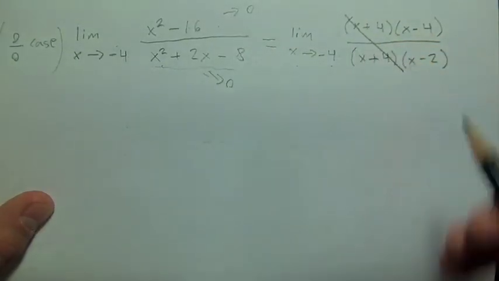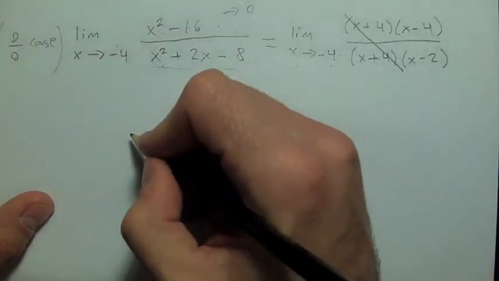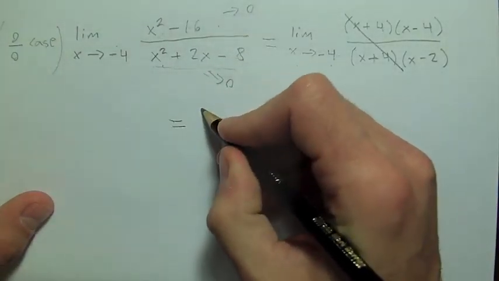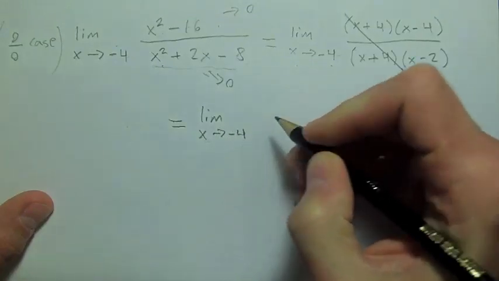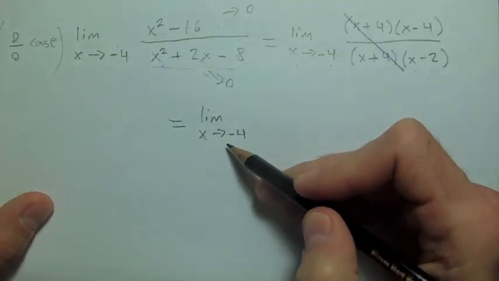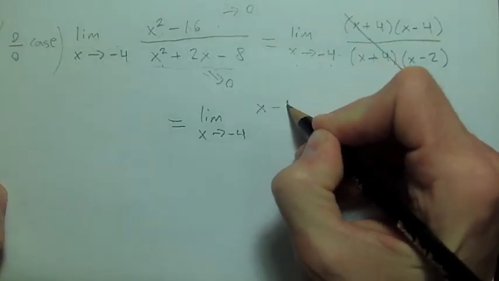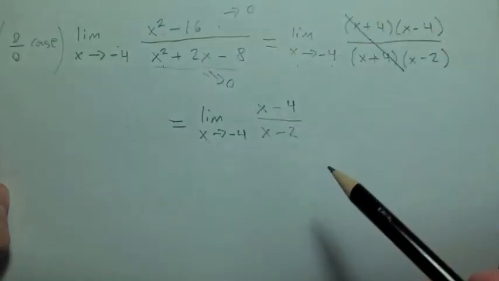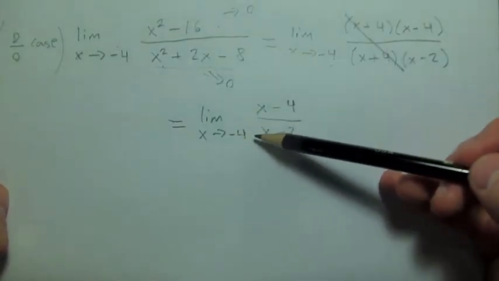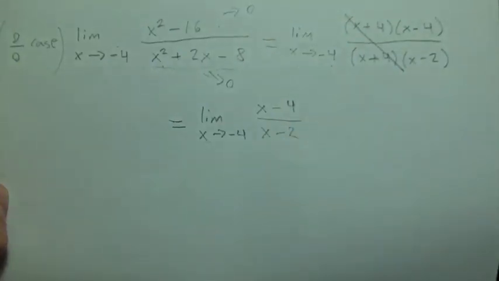And now the x plus 4's will cancel, and I'm left with the limit as x goes to negative 4. Notice I'm writing the limit sign again, since I have x's here. So I have the limit as x goes to negative 4 of x minus 4 all over x minus 2.